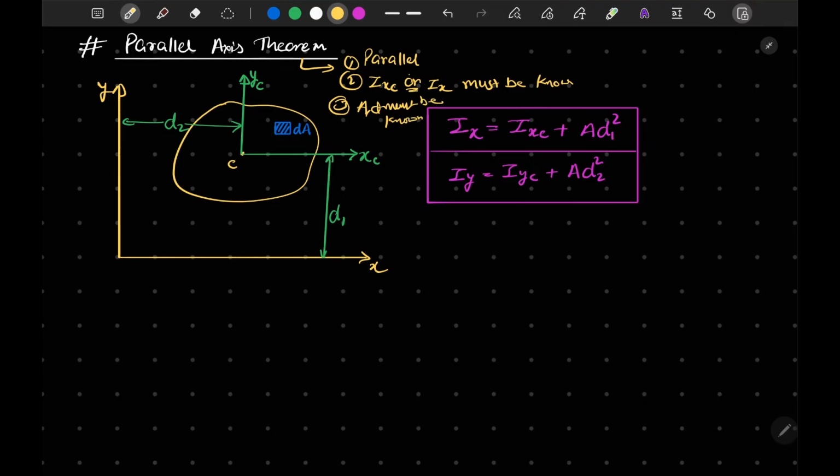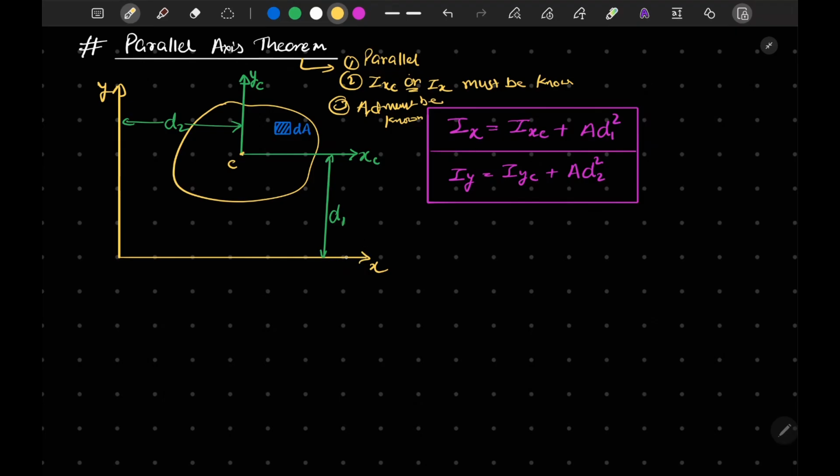In most cases, for a given figure you generally know the moment of inertia values about their centroidal axis. In those cases we have to transfer the axis, considering a different axis, so to calculate that we use this formula.